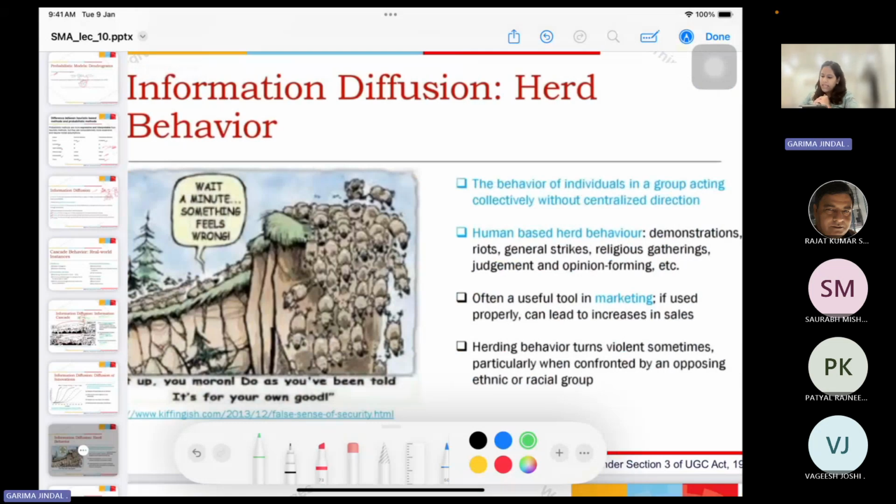Then we have this behavior called herd behavior. Let's take an example of Netflix and Amazon Prime.